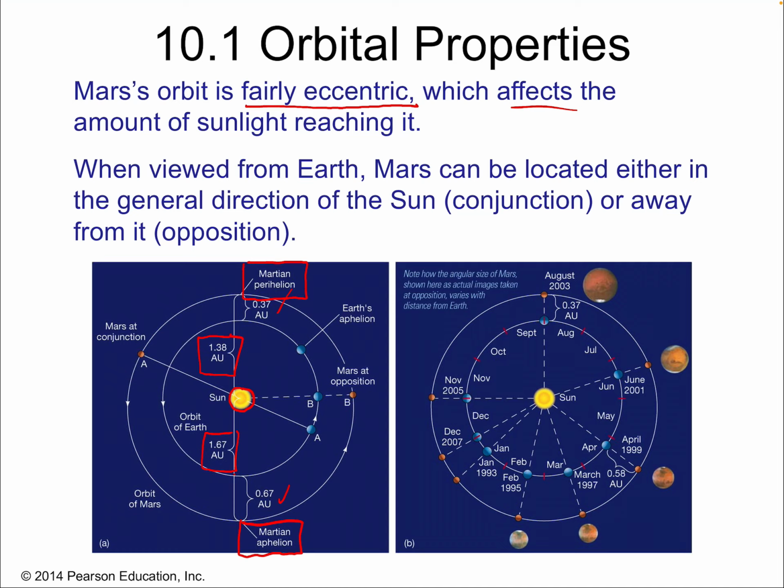And that means that its seasons are more extreme because there are going to be moments in the year where the southern hemisphere is getting more direct sunlight due to the axial tilt, but Mars is also closer to the sun in the summer, so we have a doubling effect.